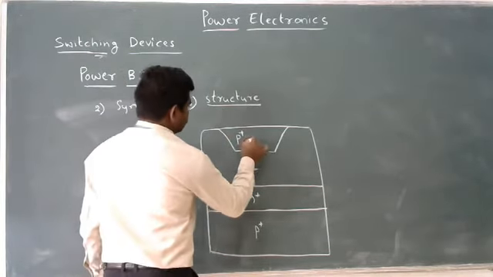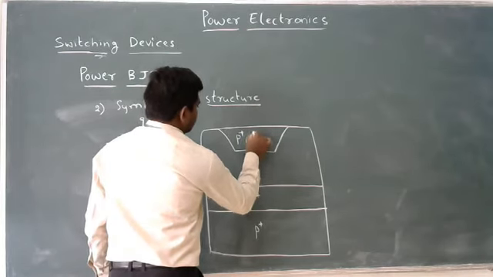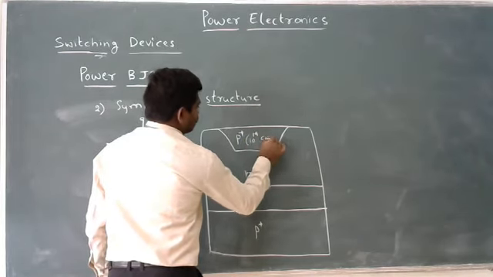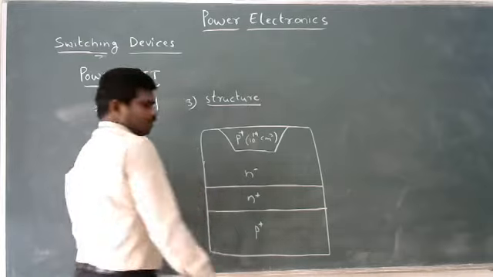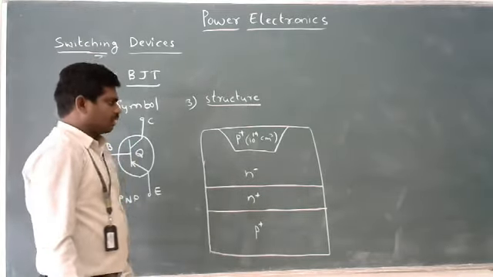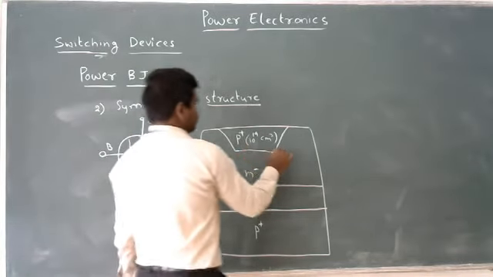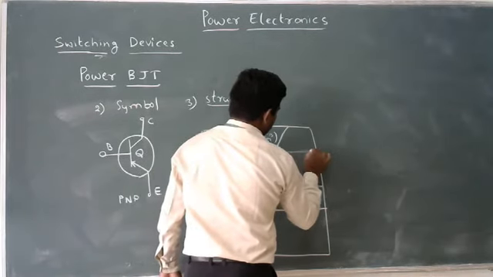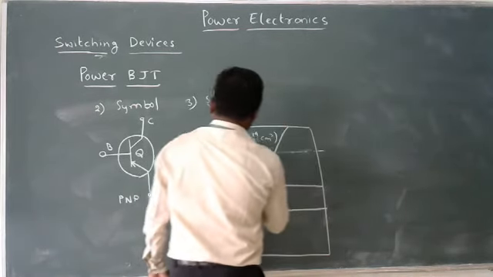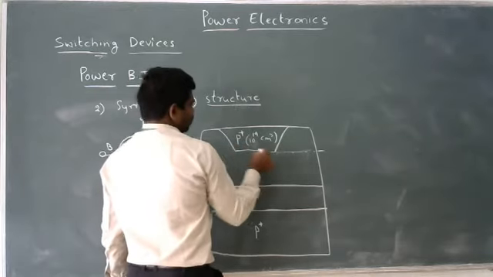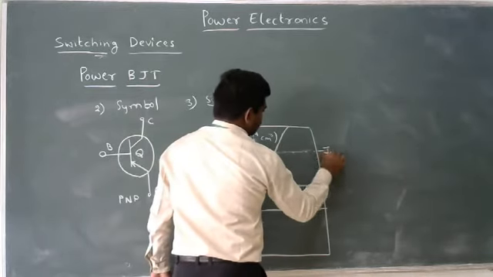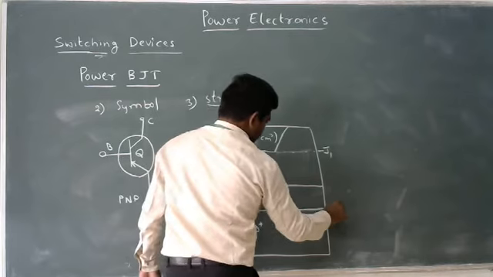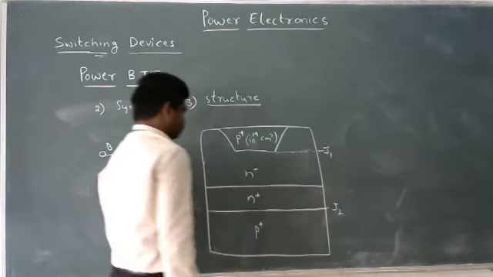This is 10 power 19 centimeter cube, 10 power 19 centimeter cube. This is the junction. I can call this one J1, and this is one more junction, J2.